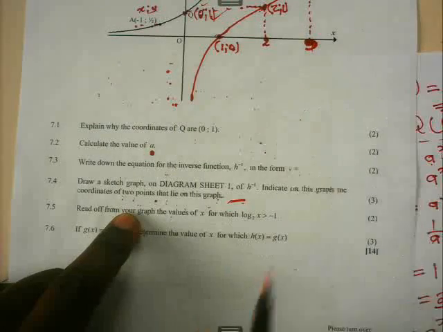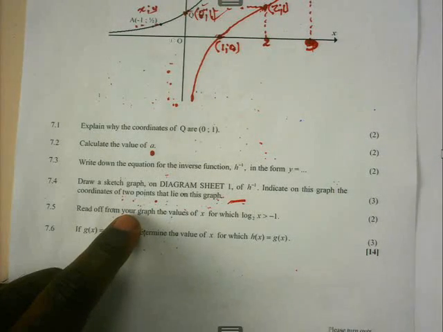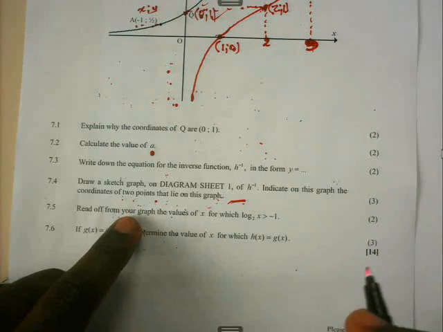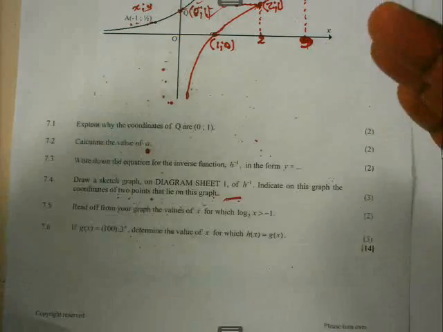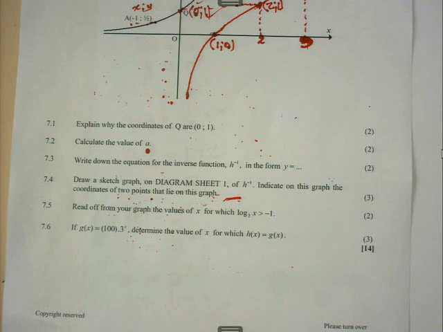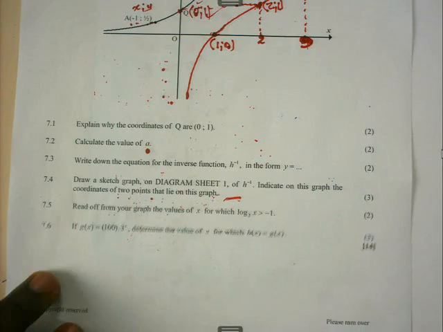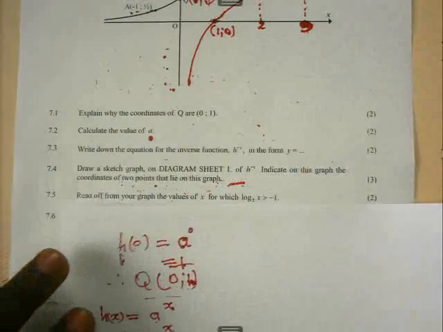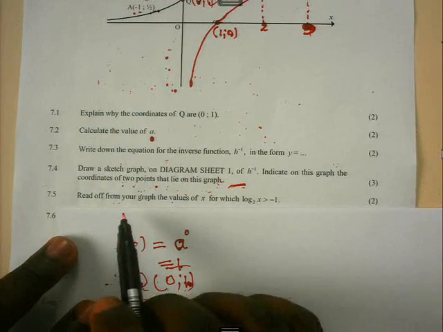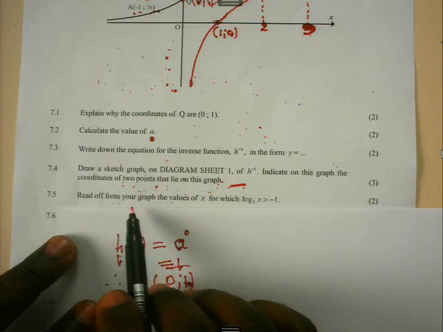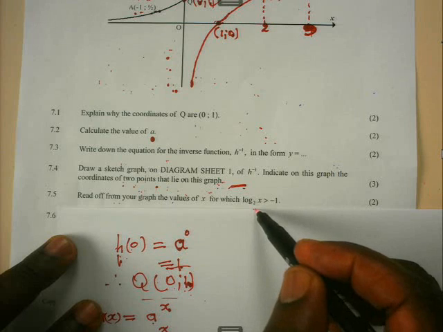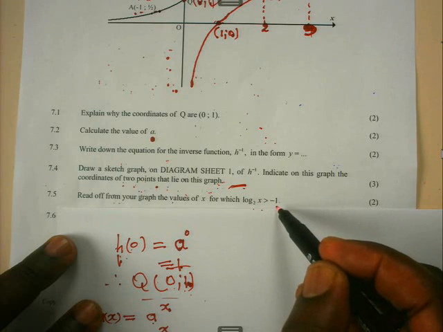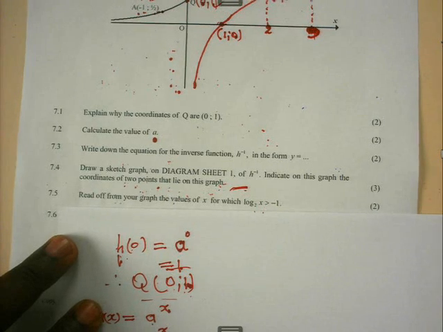You'll be drawing accurately, because you'll be given the diagram sheet. Here, I'm not using a diagram sheet. I hope we can all see. Let's carry on. If we go to 7.5, it says, read off from your graph the values of x for which log to base 2 of x will be greater than negative 1.